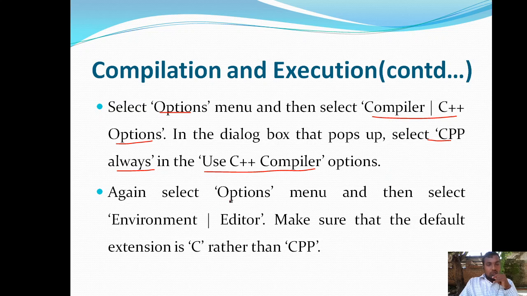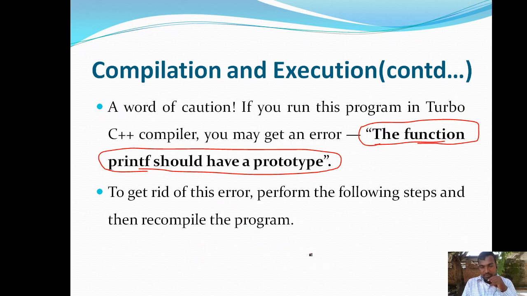Again, go to the Options menu and select Environment, then Editor. Under Editor, make sure that the default extension is C rather than CPP. If you have CPP, you always get error messages like function printf should have a prototype and function scanf should have a prototype. Why? Because the printf and scanf definitions are available in the stdio.h header file.